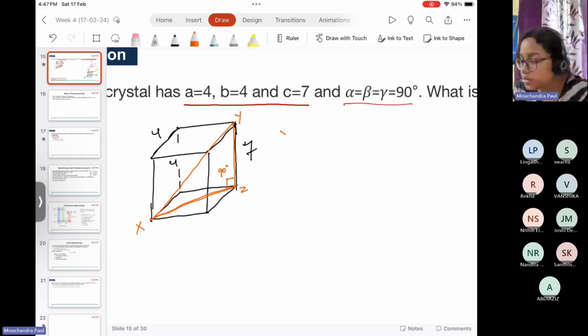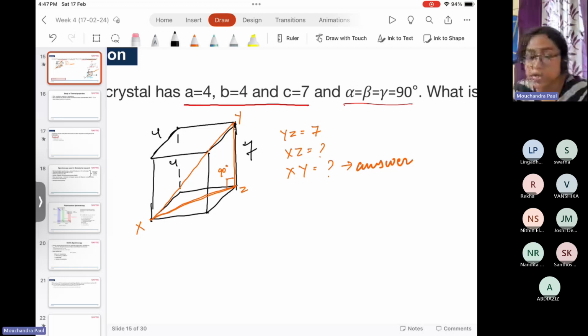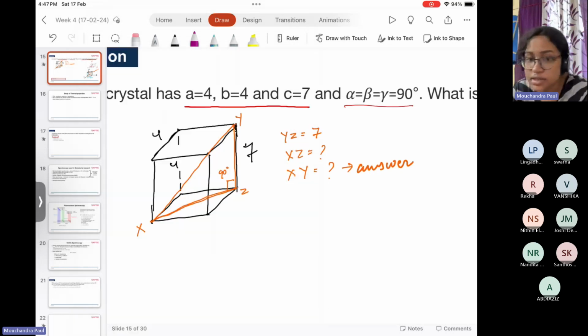We have the length YZ, which is 7 units, but we don't know the length of XZ and we don't know the length of XY. XY is the answer that we need. So first we have to find XZ. If you notice how XZ is placed here, it is part of another right-angled triangle whose one edge is 4 and another edge is 4.